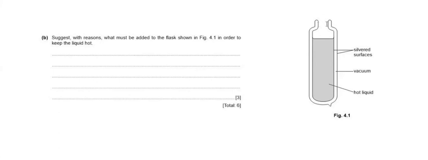Also, we should make this stopper of insulating material, so that it will also reduce the heat loss by conduction. So you can write down here: add the stopper or lid to prevent heat loss by convection.